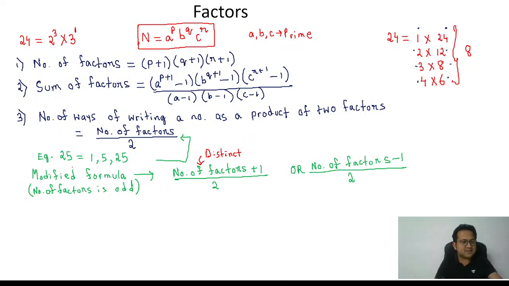Why? As an example, let's say 25. How many ways can you write 25? One way would be 1 into 25. The other way would be 5 into 5.